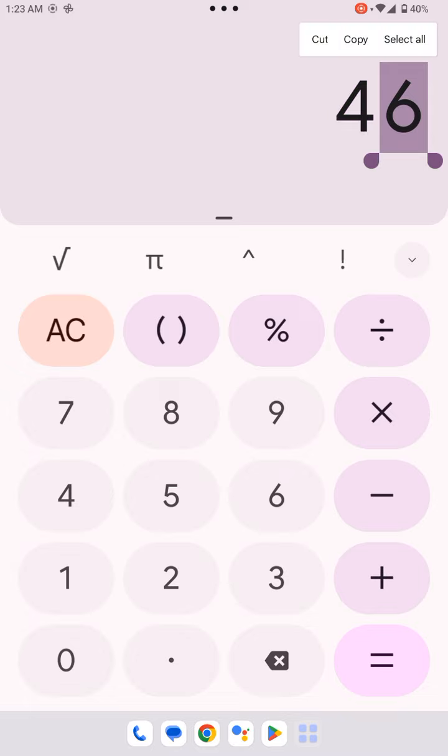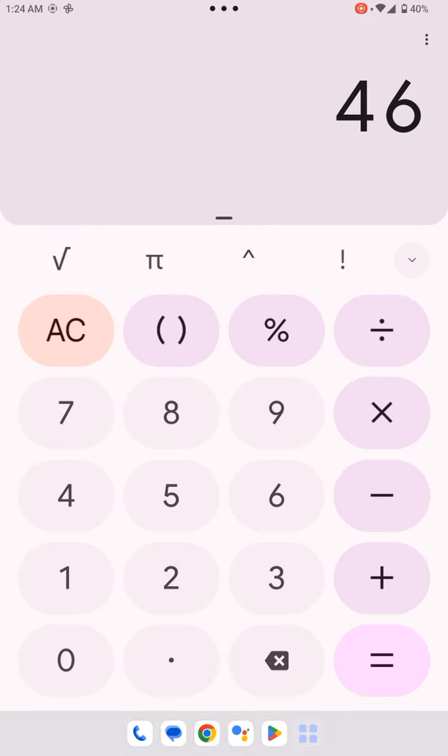So 46 is divisible by 2. We can divide it by 2, but we can't divide it by 3. You know why? Because 4 plus 6 is 10, and 10 can't be divisible by 3. I think you understood about the divisibility test of 2, 3, and 6.